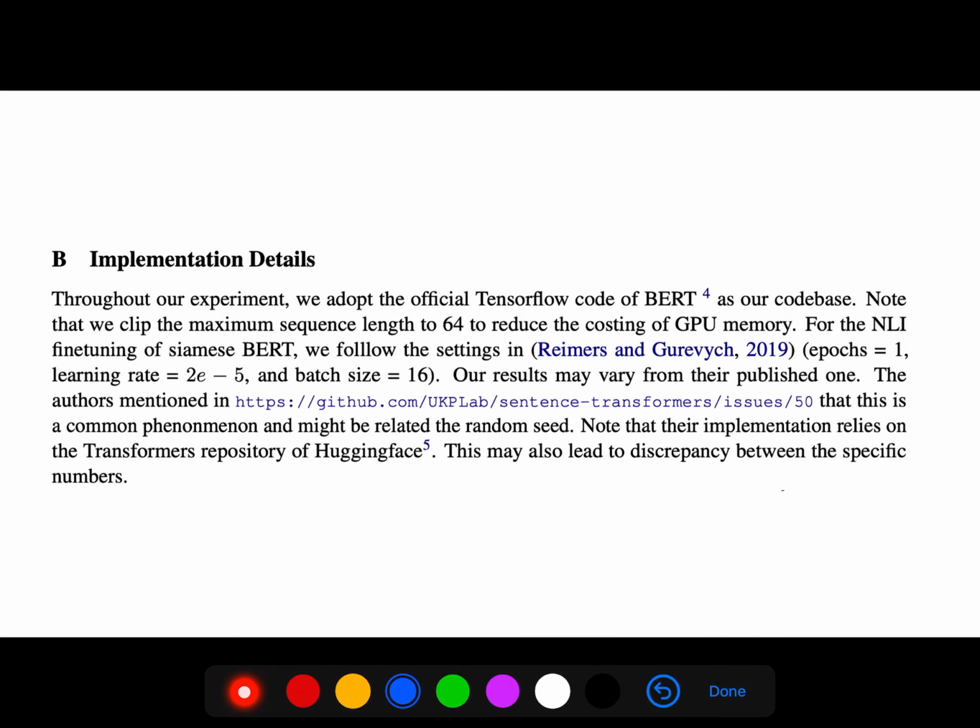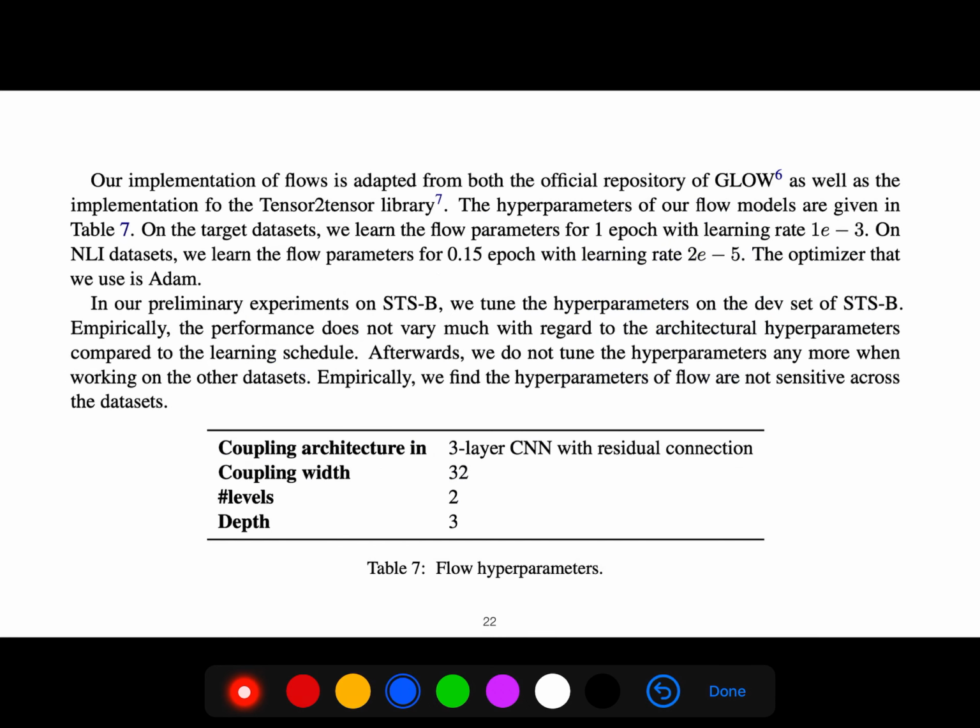We clip the maximum sequence length to 64 to reduce the cost of GPU memory. And we use the NLI dataset for fine-tuning of BERT.